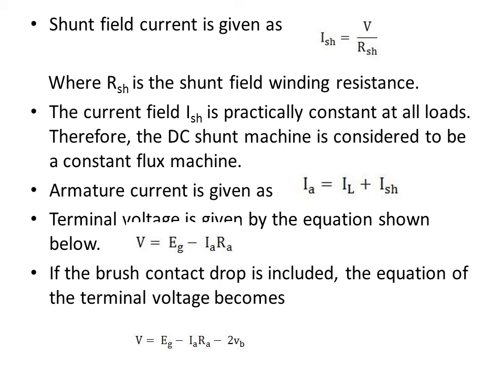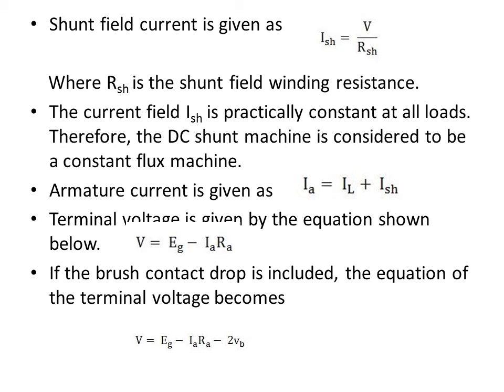The shunt field current is given by ISH is equal to V by RSH, where RSH is the shunt field winding resistance.